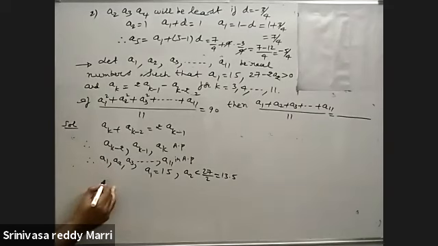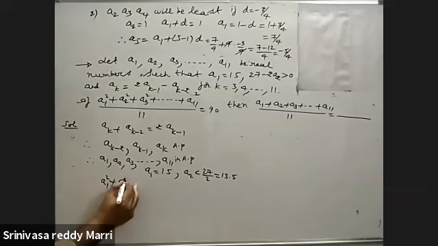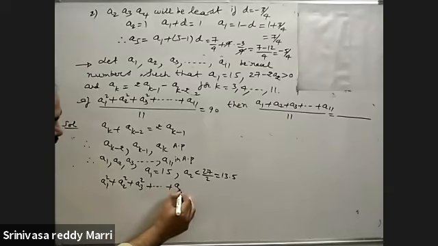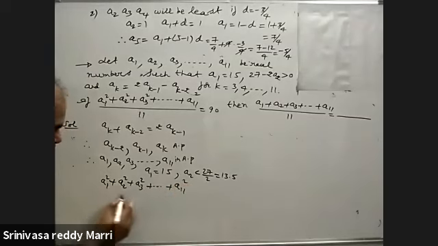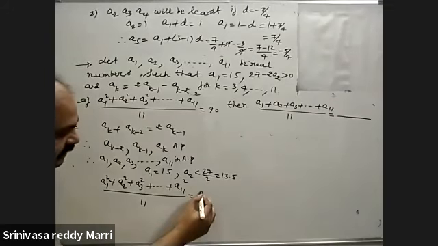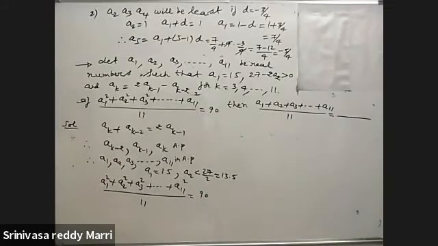Now look at a1. So take the relation: a1 square plus a2 square and so on, follow carefully, very good application, divided by 11 is nothing but 90. First term is given. So this is a1 square.